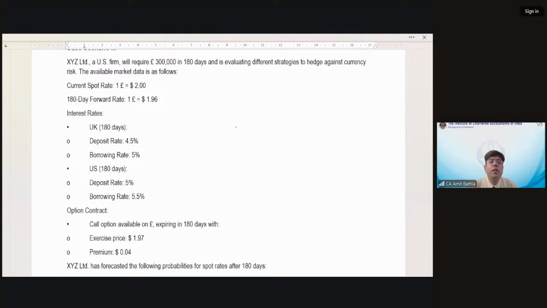You can see over here, my spot rate is 2 coming down to $1.96, which means which currency is going to appreciate? Dollar will appreciate, right? And pound is depreciating.